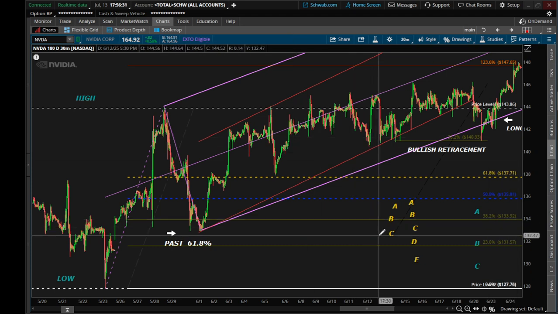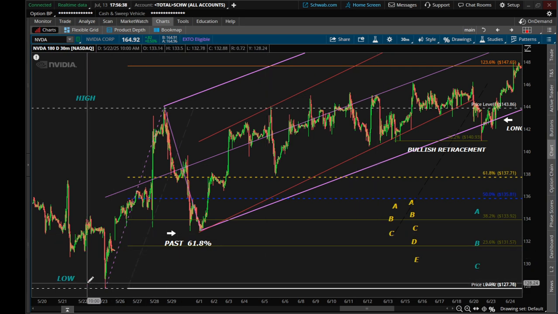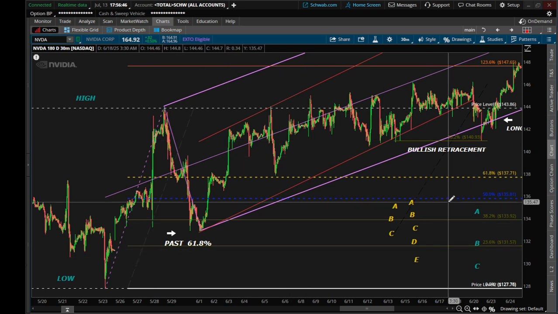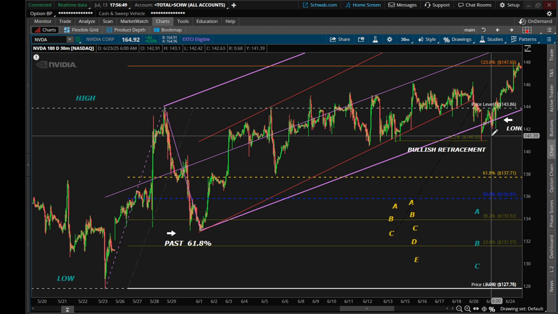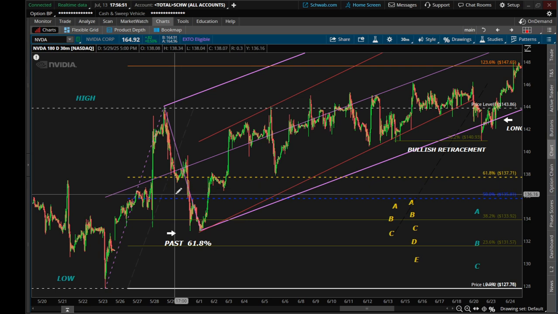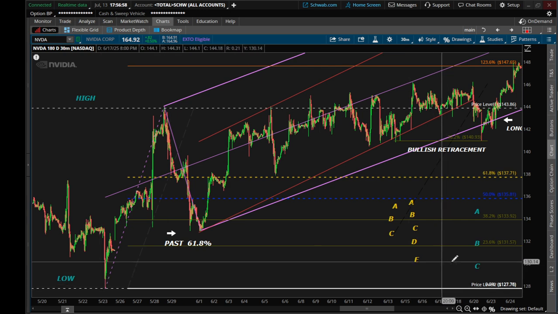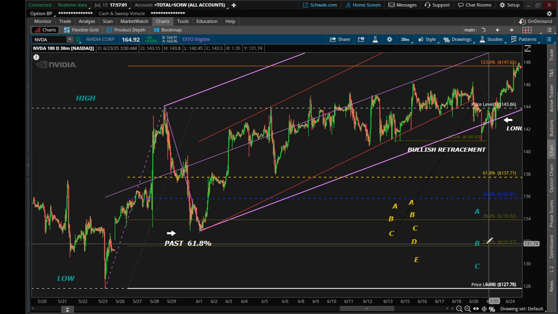The first thing we want to do is establish our support and resistance. So again, this is a 30-minute time frame. This is Nvda, what we're looking at. I've put the chart back a few days. So we're focusing back in May, end of May, and we're going to find our entry eventually in the end of June.